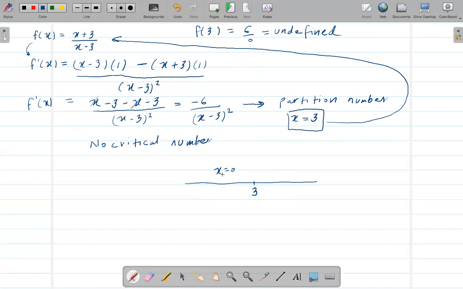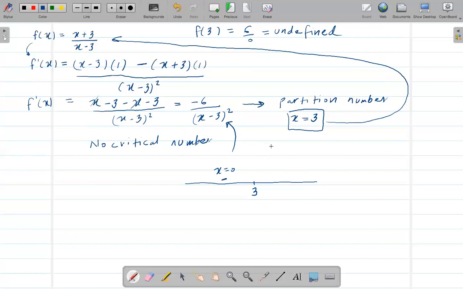So x is 0, so we still have this negative 3, and negative 3 squared is positive, but we have a negative on the top, so that way we'll get negative here. You can do this part on your own to figure out, but this should be negative.